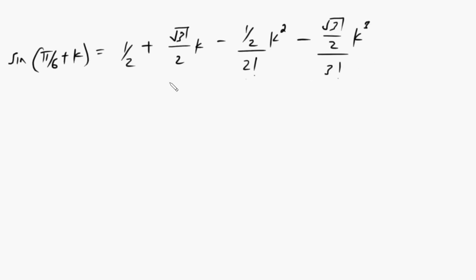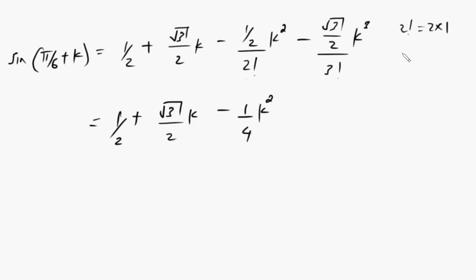I stop here because it said to expand up to k power 3. So this is 1 over 2 plus radical 3 over 2 k minus 1 over 4 k squared. Remember, 2 factorial is 2 times 1, which is 2. 3 factorial is 3 times 2 times 1, which is 6. So it will be minus radical 3 over 12, since 6 times 2 is 12, k power 3.